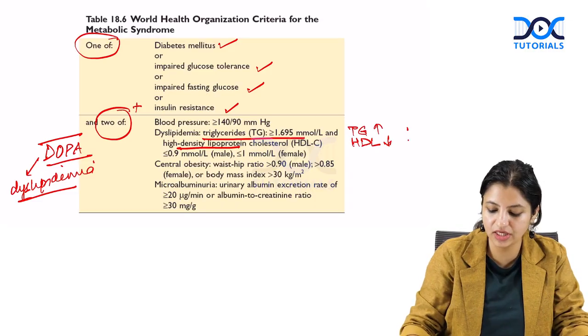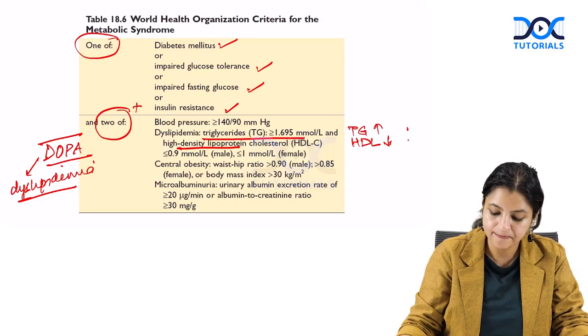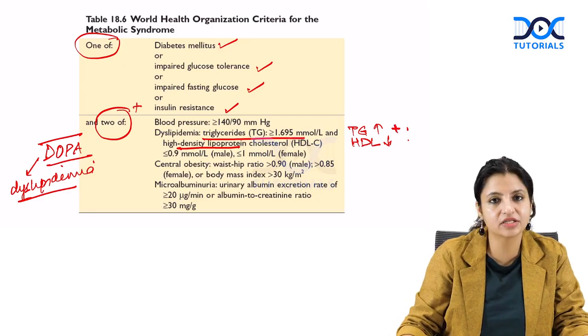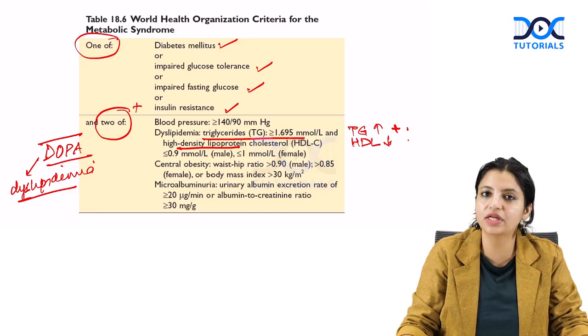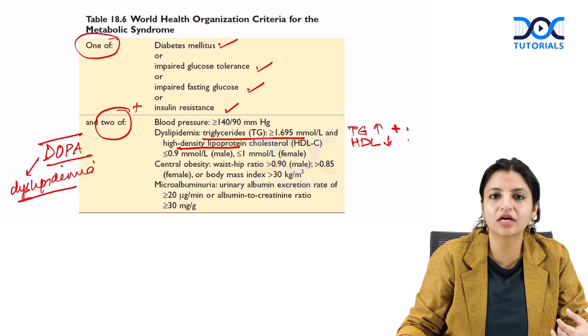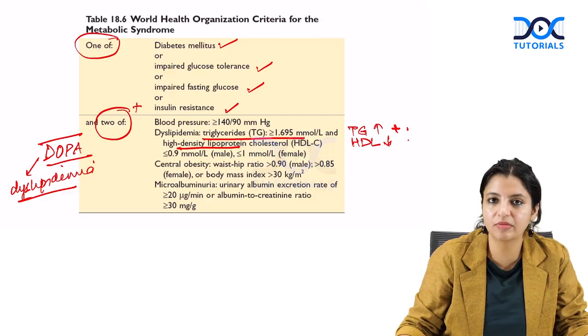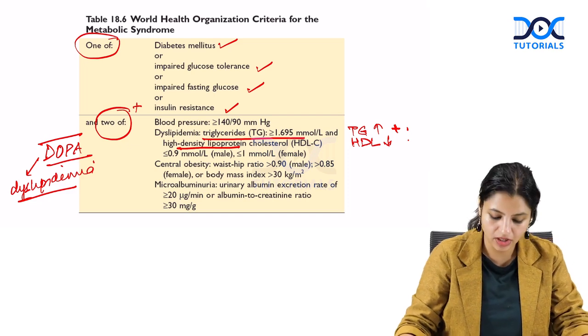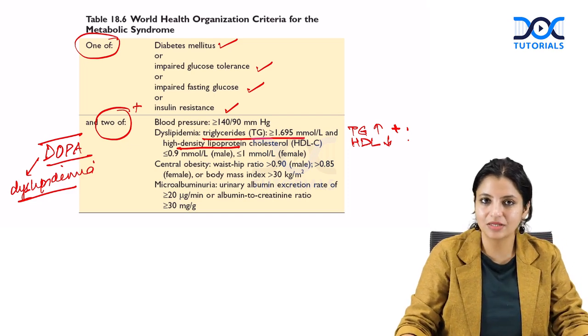So both the criteria can be used here. Okay, so triglycerides are high and your HDLs are low, then it is dyslipidemia. Because any one of the following alone, like some people have hypertriglyceridemia but HDLs are within normal limits, so that is not dyslipidemia. Okay, so both should be there. Okay, now that is dyslipidemia.